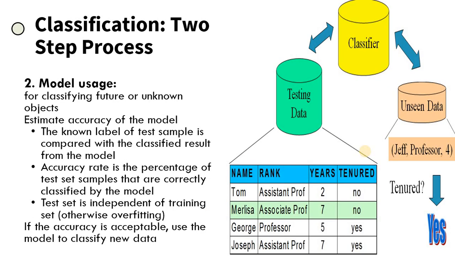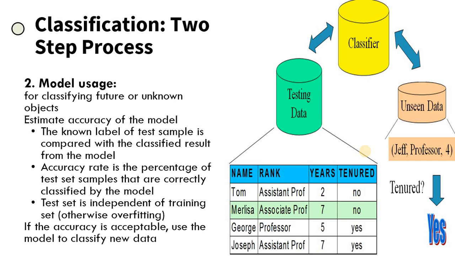So next is model usage. For classifying future or unknown objects, the model that we created in our first phase will be used. Now estimate the accuracy of the model. So our model is ready, but we need to estimate how accurate our model is.